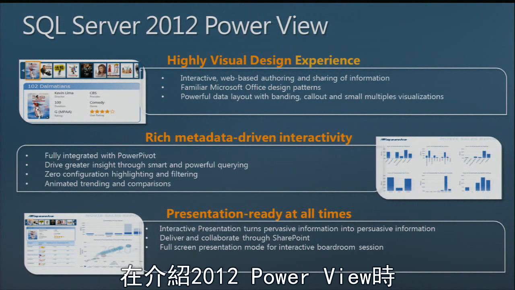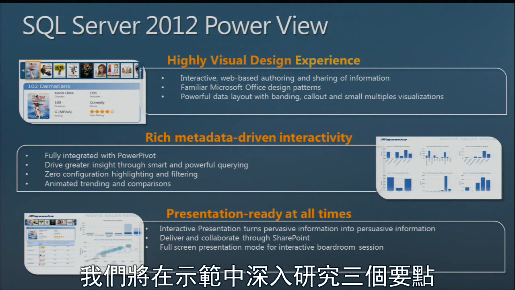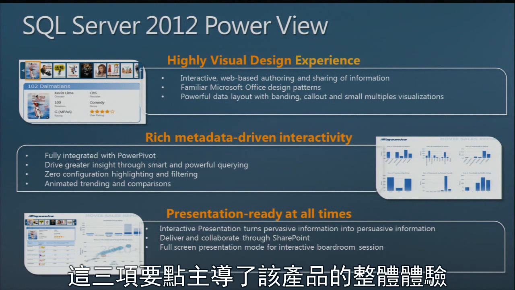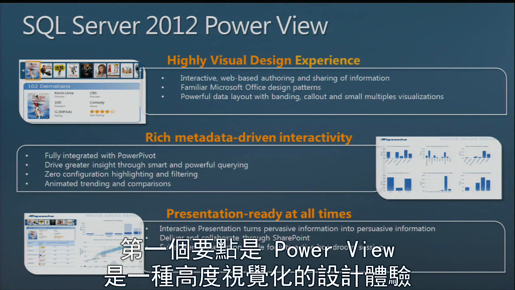So when we look at 2012 Power View, there are three high-level points that we'll drill into as we go through the demonstrations, but that really guide the overall experience of the product. The first is that it's a very highly visual design experience.